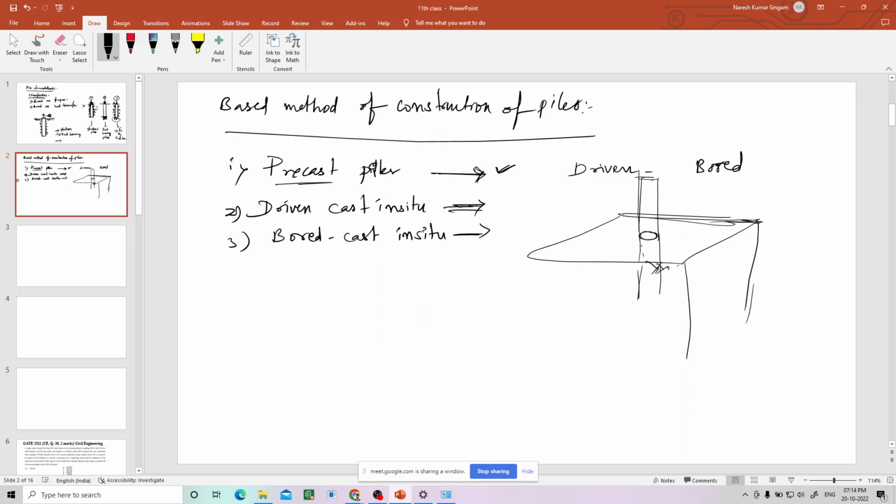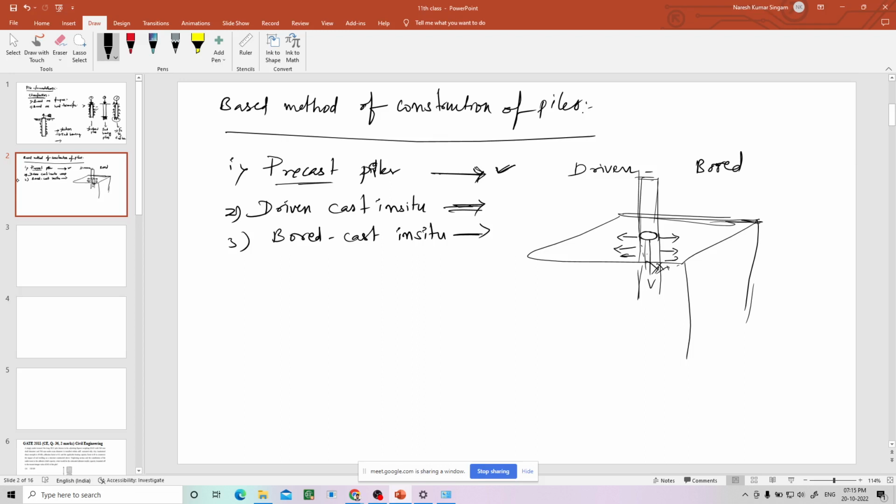Then it is driven. When it is driven inside without taking the soil out, the soil will move in this direction. The soil gets compacted in the horizontal direction. These are called driven piles, when you are not removing the soil but you are installing the pile. So precast piles are generally installed by driving.